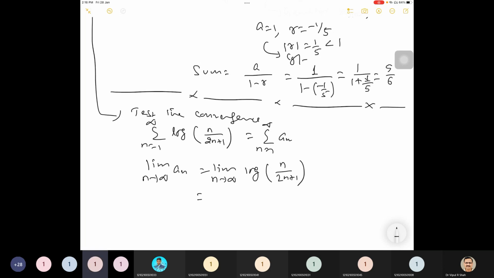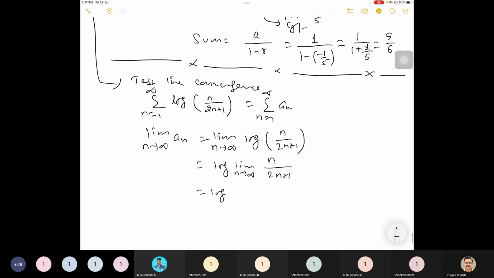Sir, if I take the limit n tends to infinity, say you can have log of limit n tends to infinity n upon 2n plus 1.